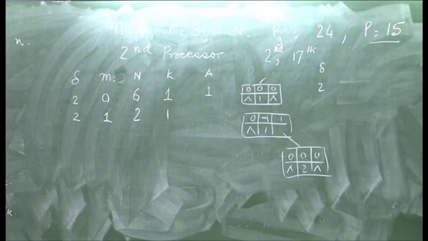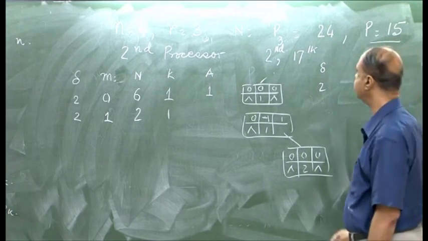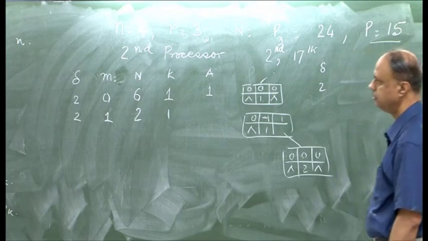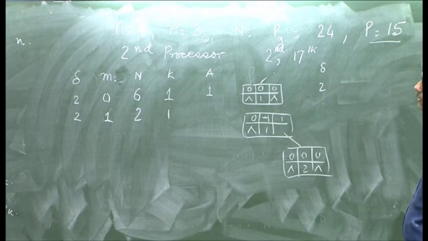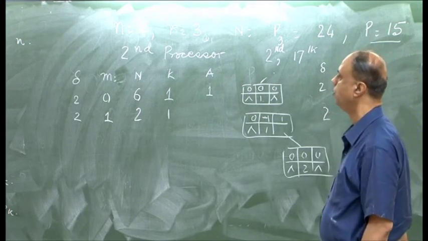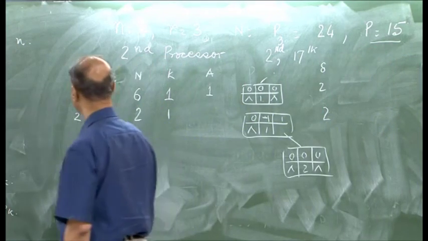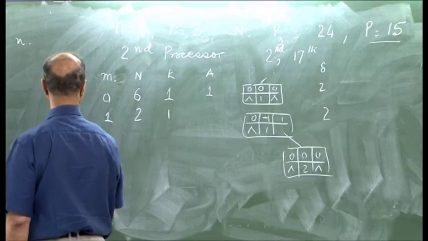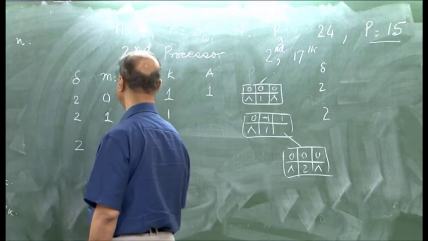So this is your second iteration, and what will be the delta value? 2 minus k is 1, so it is still 2. Right? So delta value is 2, m is 2.